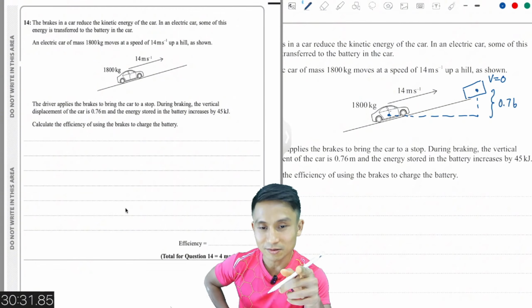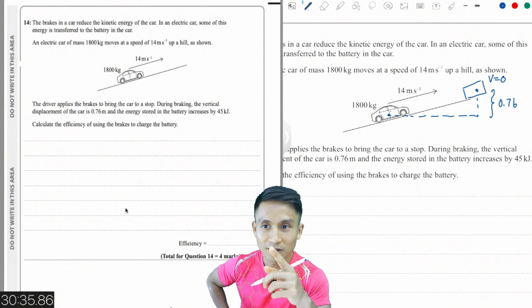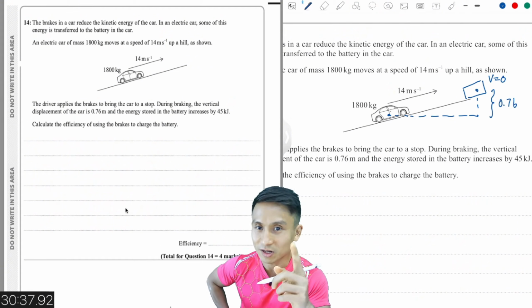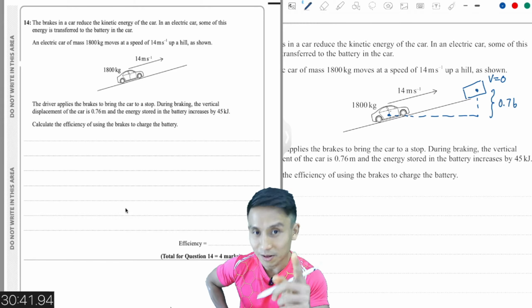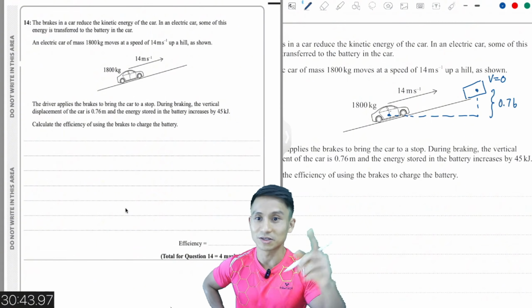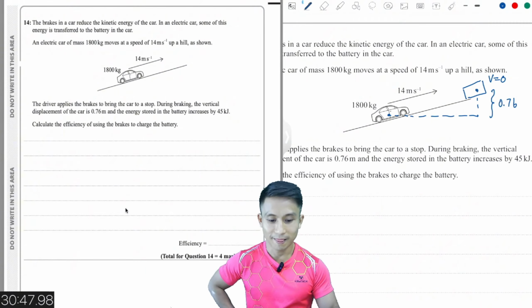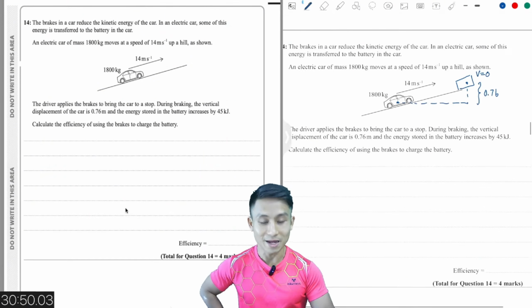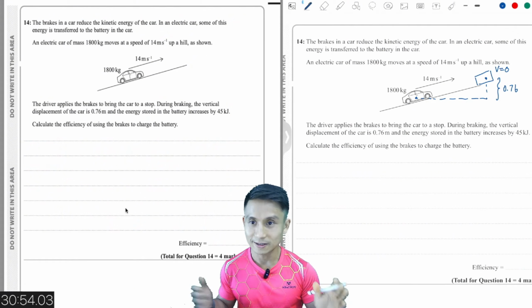So we gotta figure out where this energy comes from. Reduce the kinetic energy of the car, okay? And in an electric car, some of this energy is transferred to the battery. Because it's only some, right? We gotta say change in kinetic energy first, yeah?